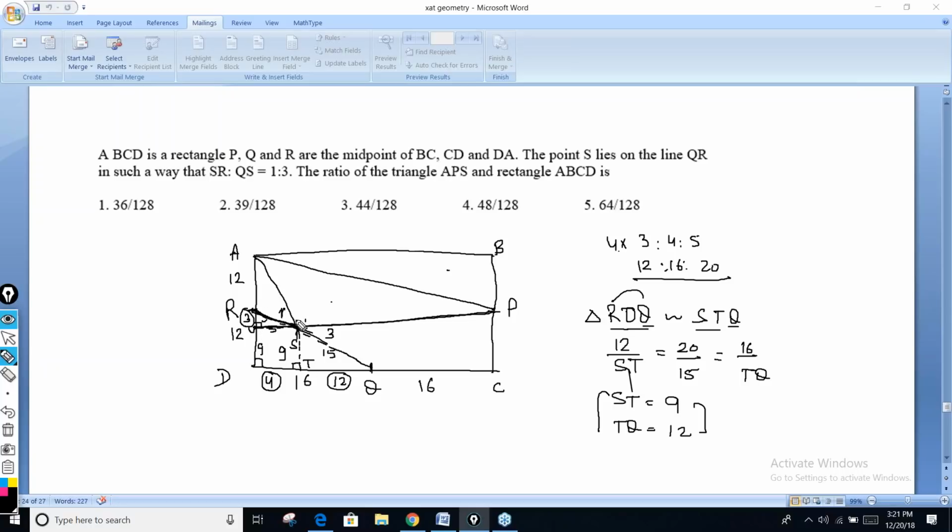Or what we can do, we can find the area of this triangle and this triangle. Look at this AUPB. What is the area of AUPB? That angle is 90, that is 90, that is also 90, so that will also be 90. So all the four angles are 90.